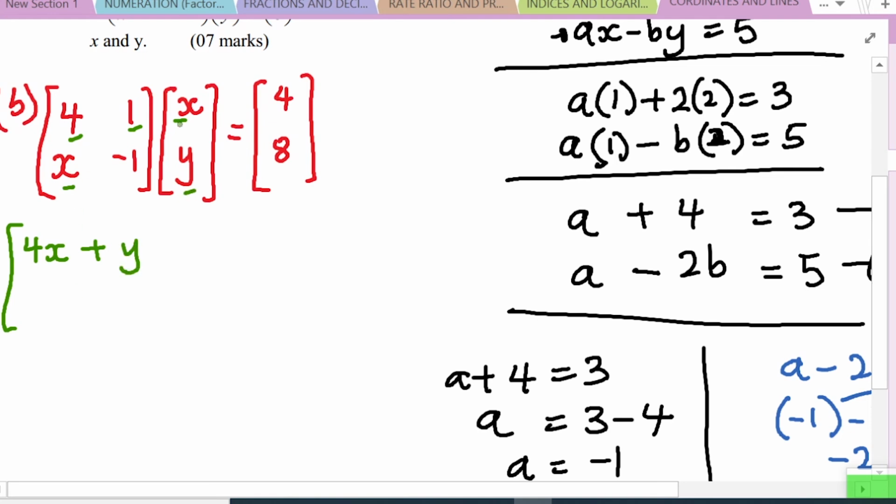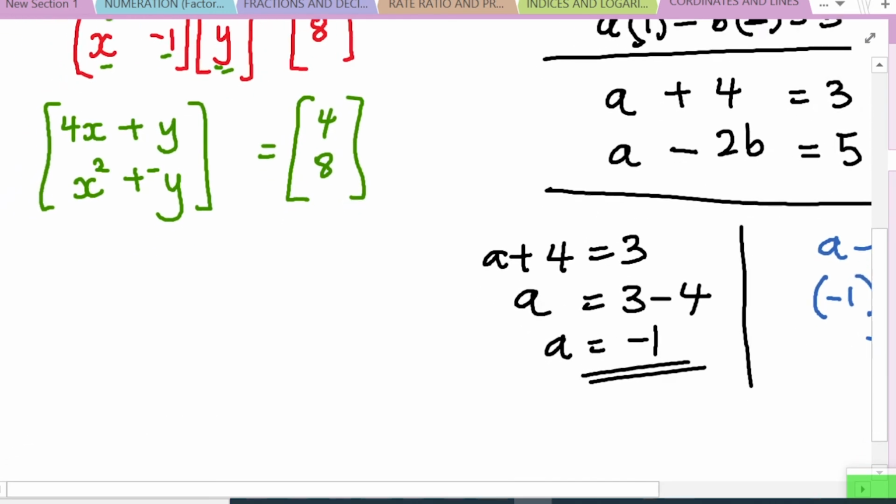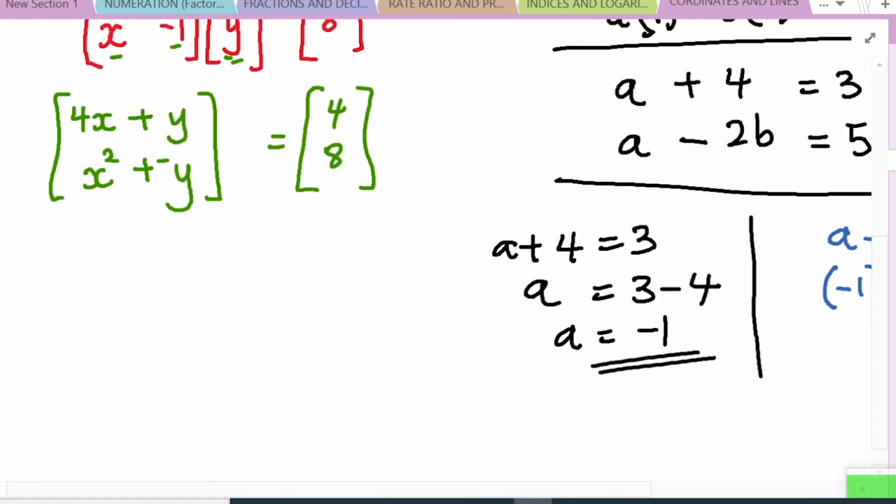Then down we have x times x, which is x squared, plus -1 times y, which is -y. That is going to be (4, 8). So from there, what we gather here.